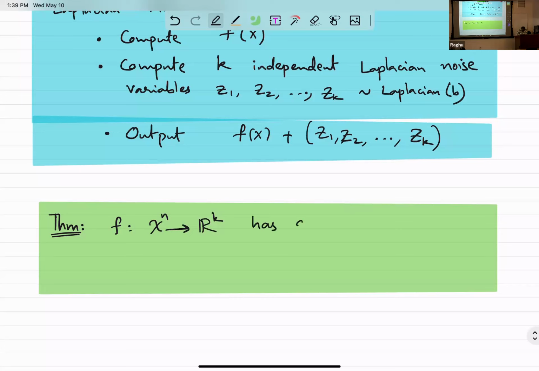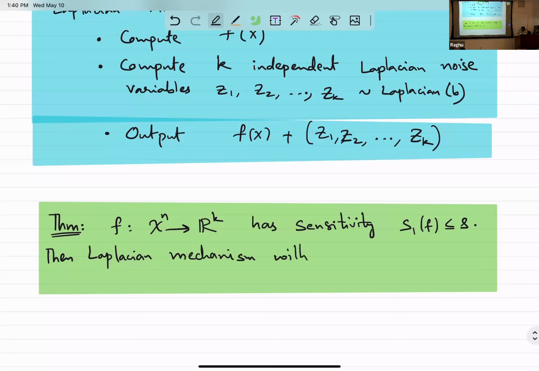If I have a function like this, which has bounded sensitivity, then the Laplacian mechanism with noise rate gives epsilon differential privacy.